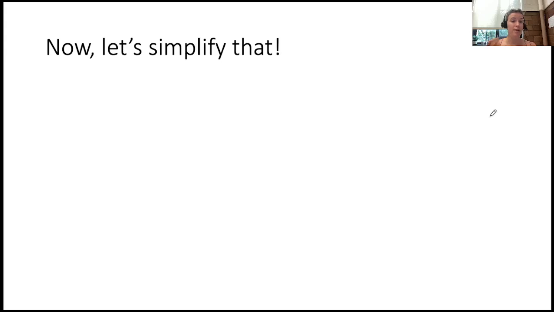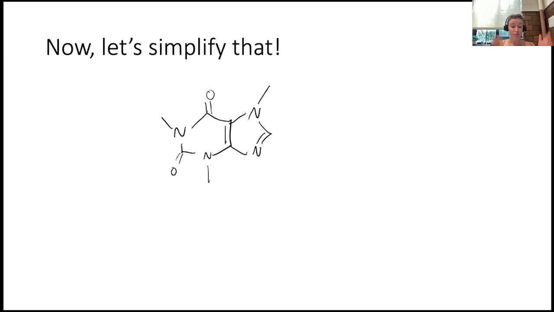Now what I'm going to do is draw the skeletal structure, and you'll see how much more simple it is. And that's it, right?